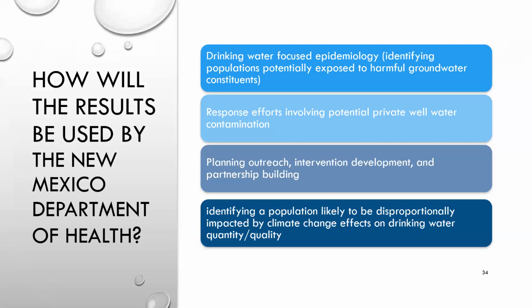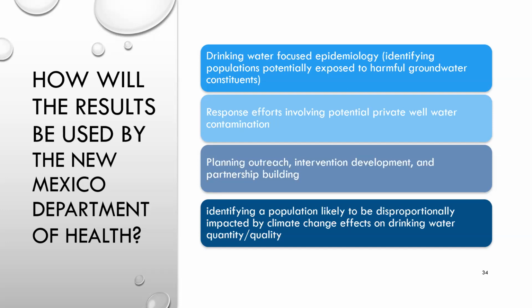So how is the Department of Health going to use the results from all these approaches? We're going to continue our drinking water focused epidemiology, which is trying to identify the populations at risk, of course, and it will continue to inform our response efforts, especially if there's some sort of particular contamination event.